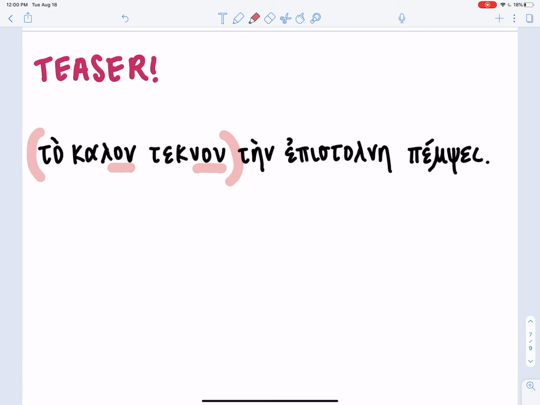Then let's look for our verb. Now we look through the rest of the sentence, and where do we see a verb ending? Right at the very end. So here we have pempsei, and we learned the word pempo, right? Pempo means to send. But then where did this psi come from out of the blue? Psi is what happens when you combine pi with sigma, and that happens when we are making a verb future.